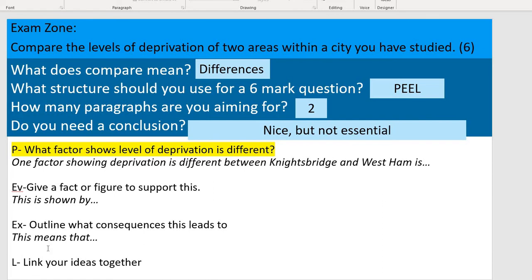So just as last lesson, where we looked at that cycle of deprivation and how they all link into each other, they all cause each other, that's what you need to try to do in your answer. So that low level of education means you can't get such a good job, means you're not going to get such good wages, which means you can't get such good housing. Okay, so you're showing how it builds up and it links together. Have a go at doing an answer, and then we'll look at a sample answer together.